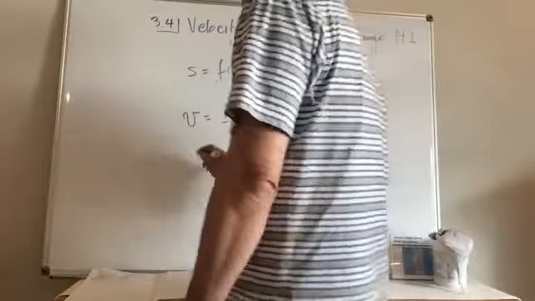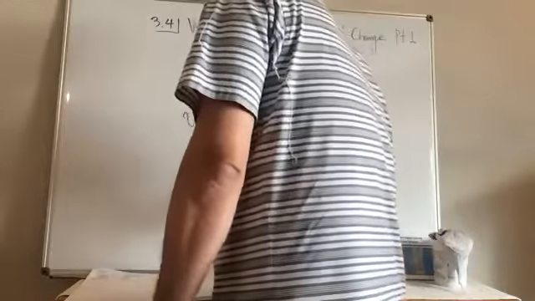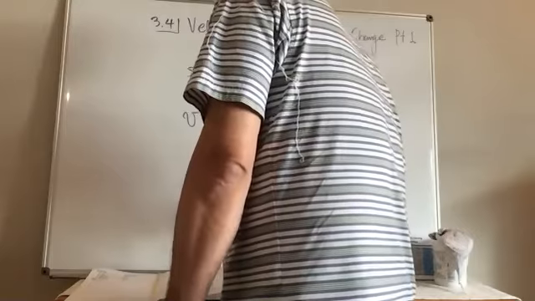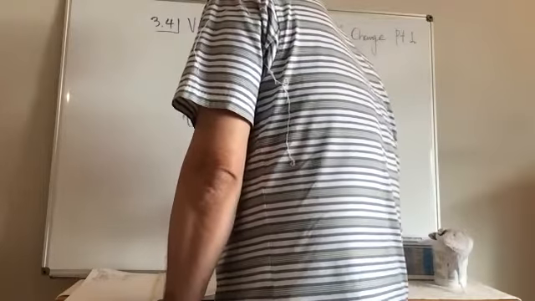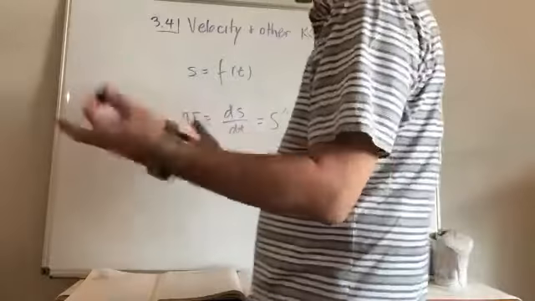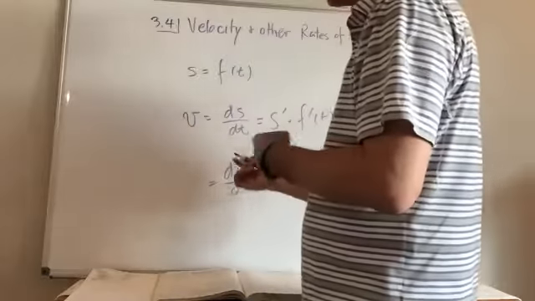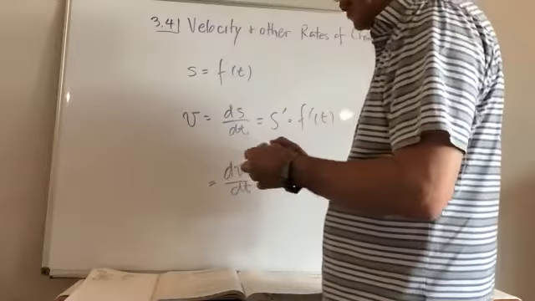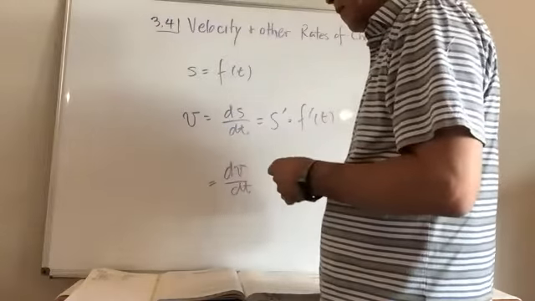Can anybody tell me what the rate of change of velocity is? What word do I use to describe how fast or how slow the velocity is changing? Acceleration. Acceleration, a, right?